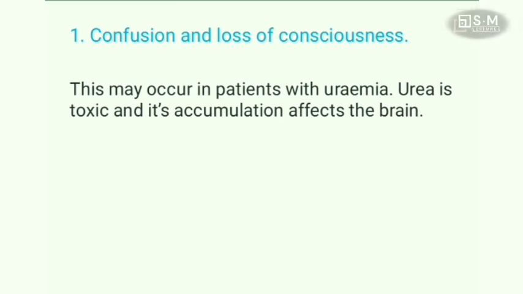So when there is affectation of the brain, the patient with renal system disease will now have confusion and loss of consciousness. This may progress to coma or even death if care is not taken.